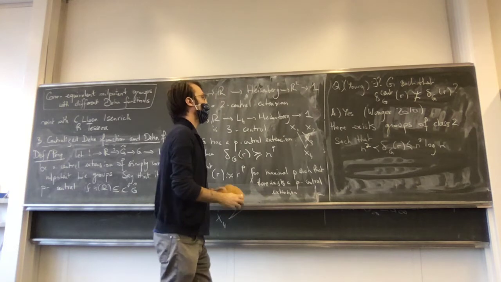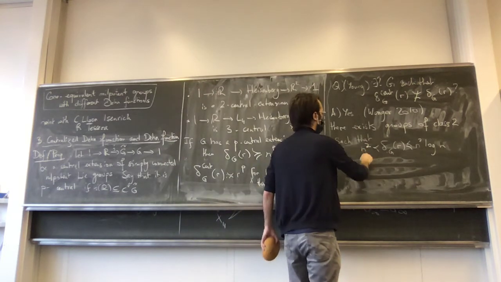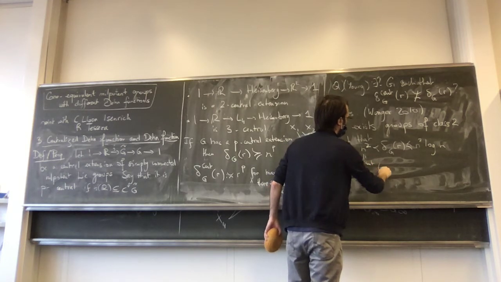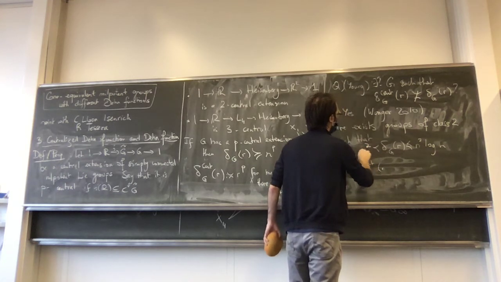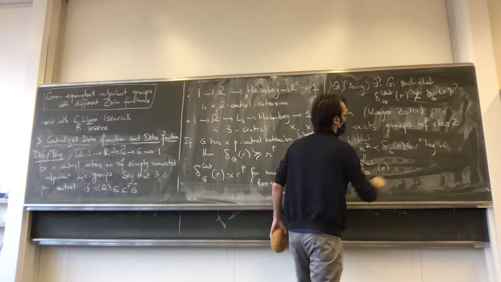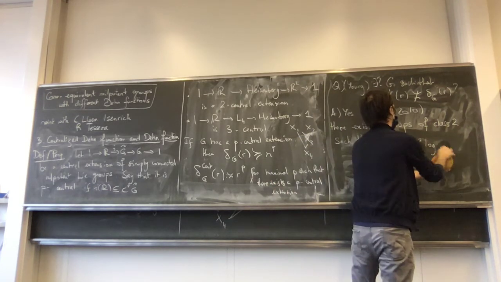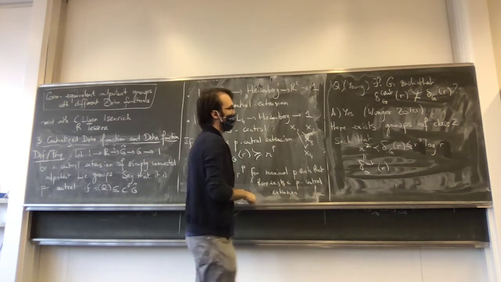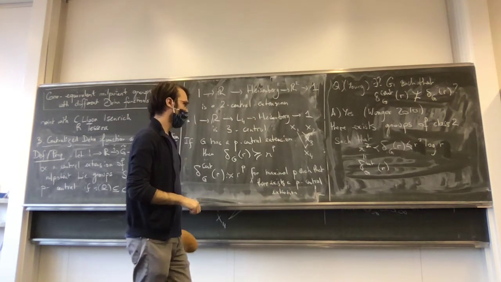Okay, and actually the centralized Dehn function is always a polynomial with a round integer exponent. So, sorry, this is R. So they are not equivalent.